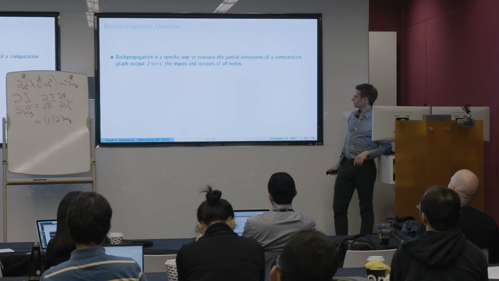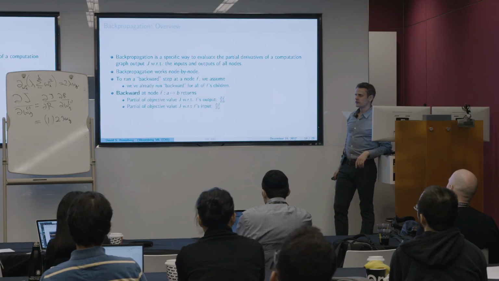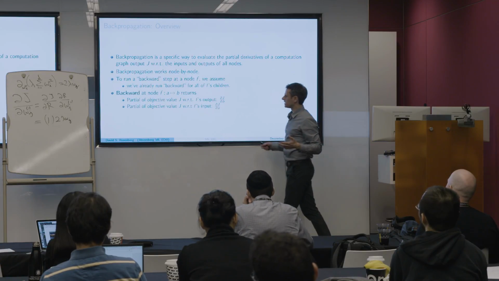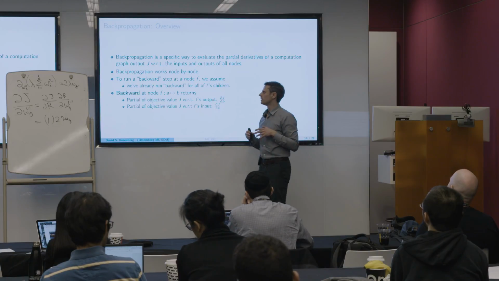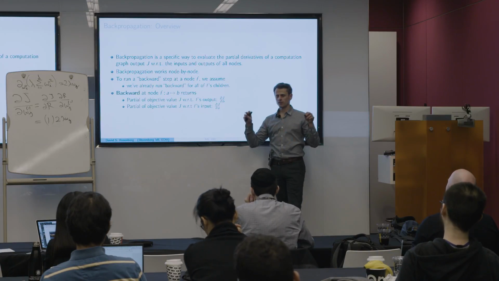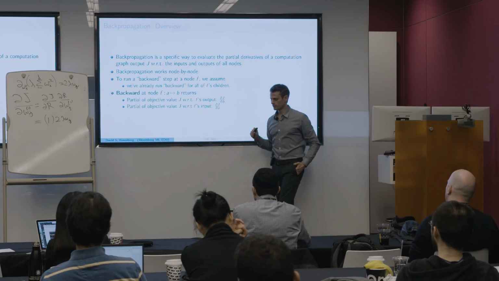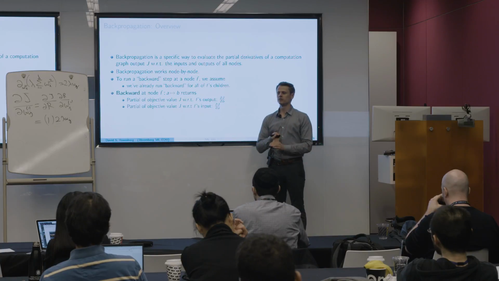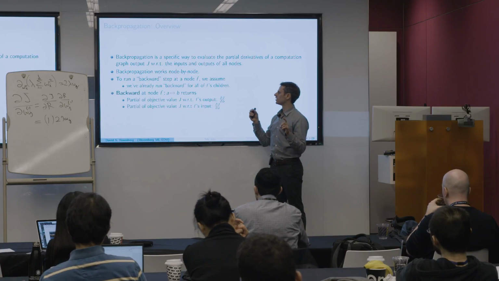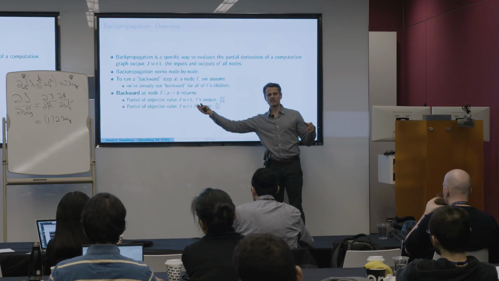Okay. So the way I think about backpropagation is that it's the thing that works node by node. You visit one node at a time, and you run an operation called backward on a particular node. The prerequisite to running backward on a node is that you've already run backward on all of the children and descendants of the node.